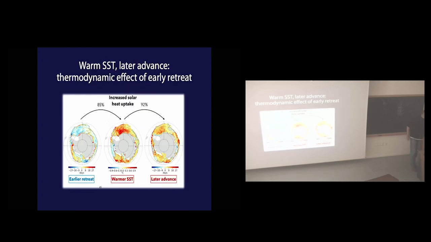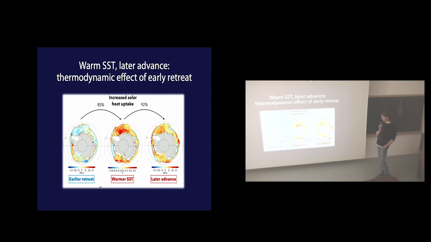The summer thing, so the warm SST and later advance, according to her analysis, seems to be really a thermodynamic effect of early retreat. This is supported first by spatial patterns that match between the different things.